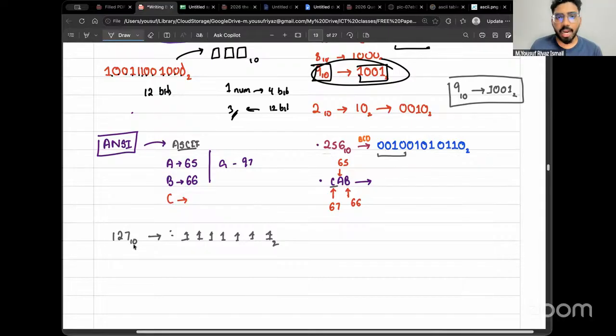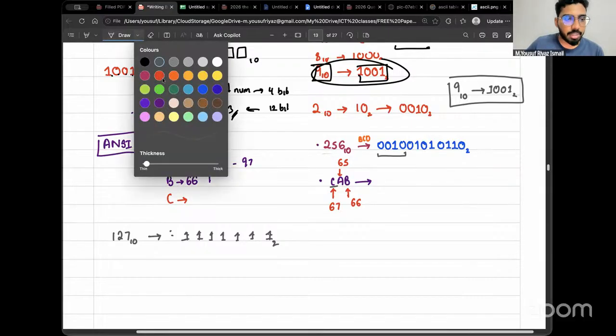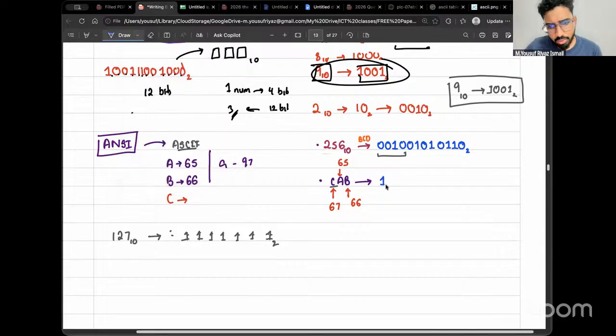So they said, let's standardize this. To represent every number, we are going to use 7 bits. So we represent 67 using 7 bits, 65 using 7 bits, and 66 also using 7 bits. If I convert number 67 to binary, my answer would be something like this, with 7 bits.